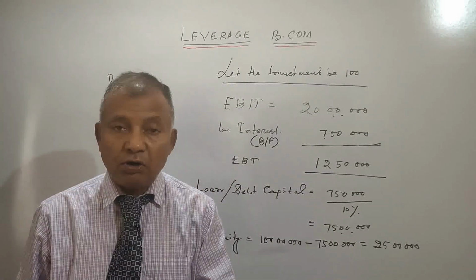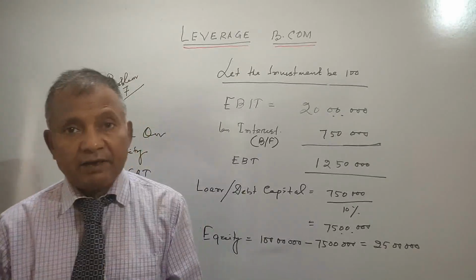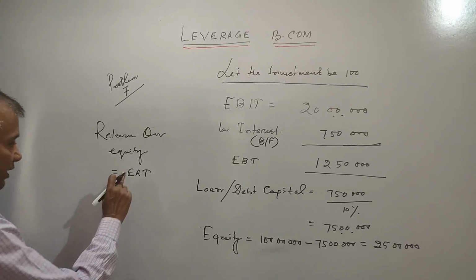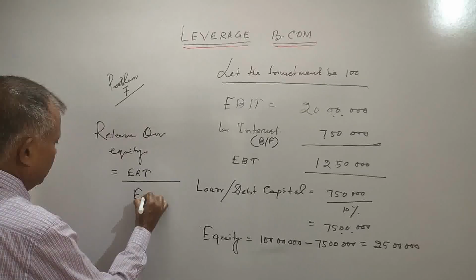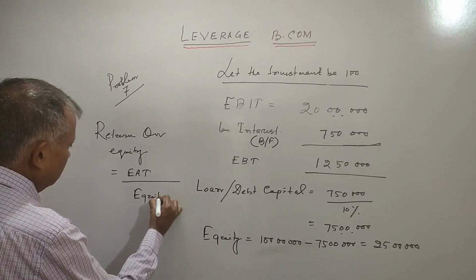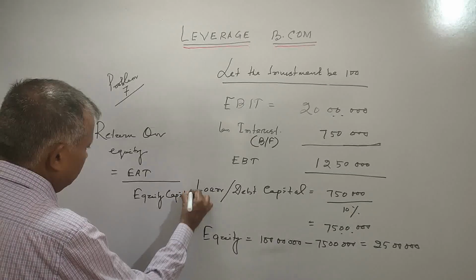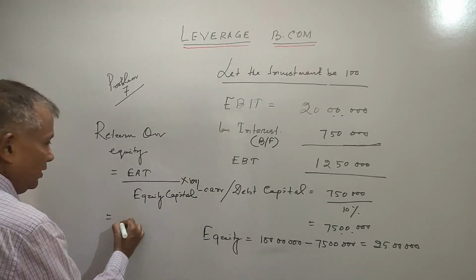This is also called shortly EAES, earnings available for equity shareholder. So EAT divided by equity capital. Then only we can find out the return multiplied by 100.